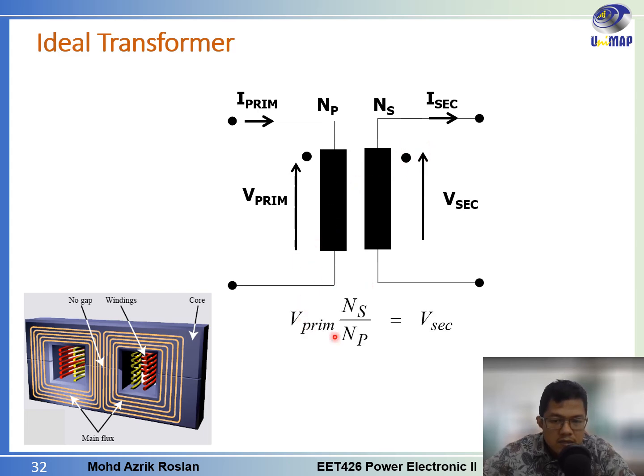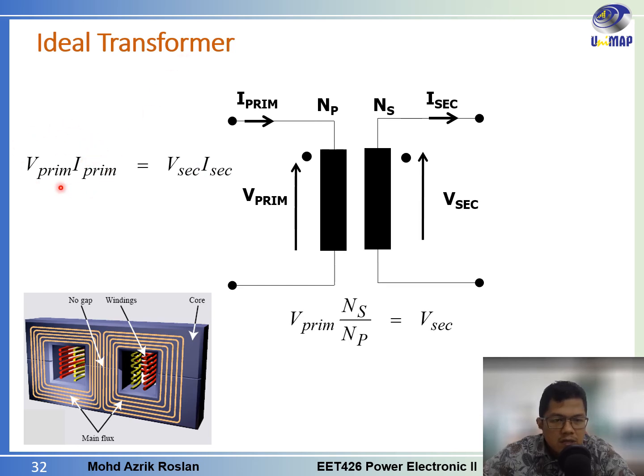This is the equation that we are already familiar with: V primary over NP equals V secondary over NS. And for the input, V primary times I primary is equal to V secondary times I secondary.